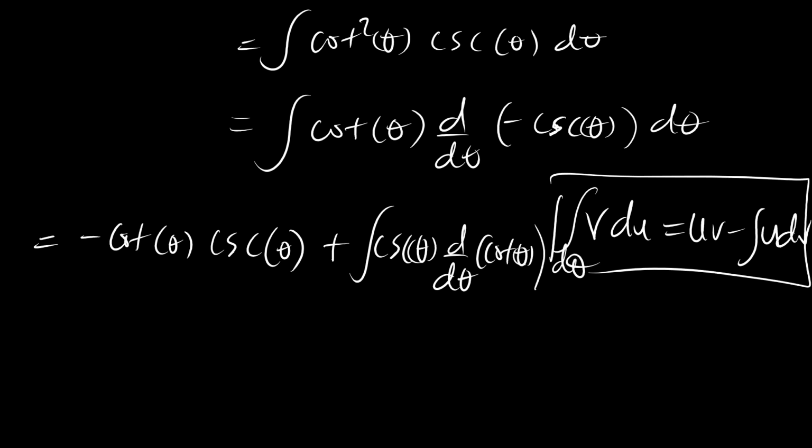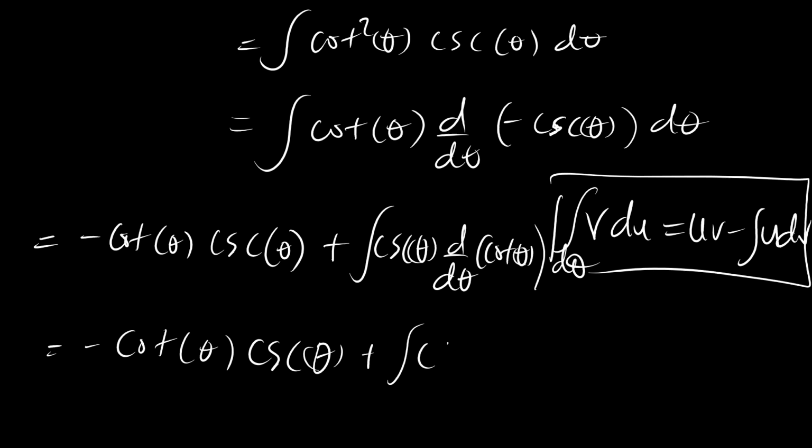Okay, so which means that we do have now negative cotangent of theta, cosec of theta, plus cosec of theta times negative cosec squared of theta.